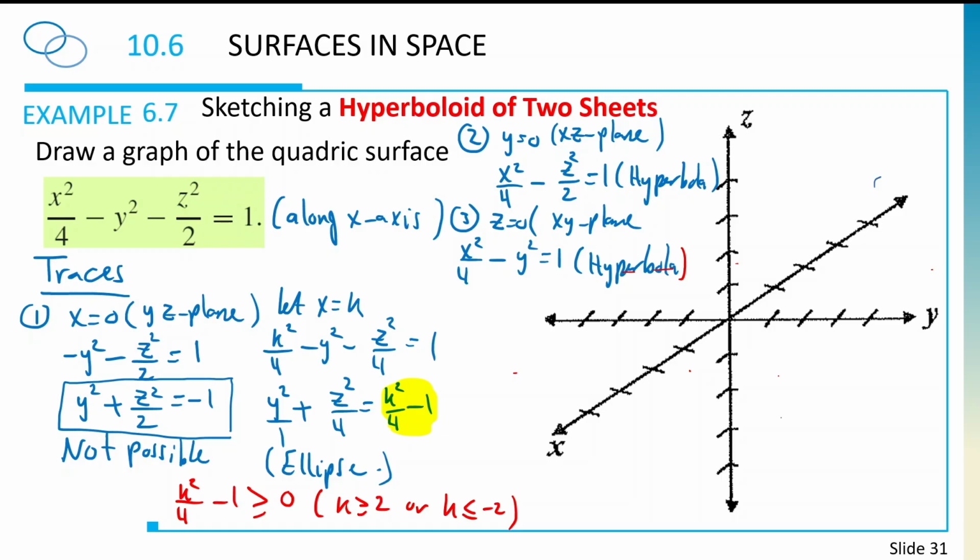Okay, so now once we have all the traces ready, we'll begin graphing. The easiest way to graph, as I said, since there's a gap in between negative 2 and 2. So let's see these points on the x-axis. This is 2, this is negative 2. All of the ellipses, I'm going to see them just at k greater than 2 and k less than negative 2. So let's do the traces here. It looks like we have the ellipses, approximately.